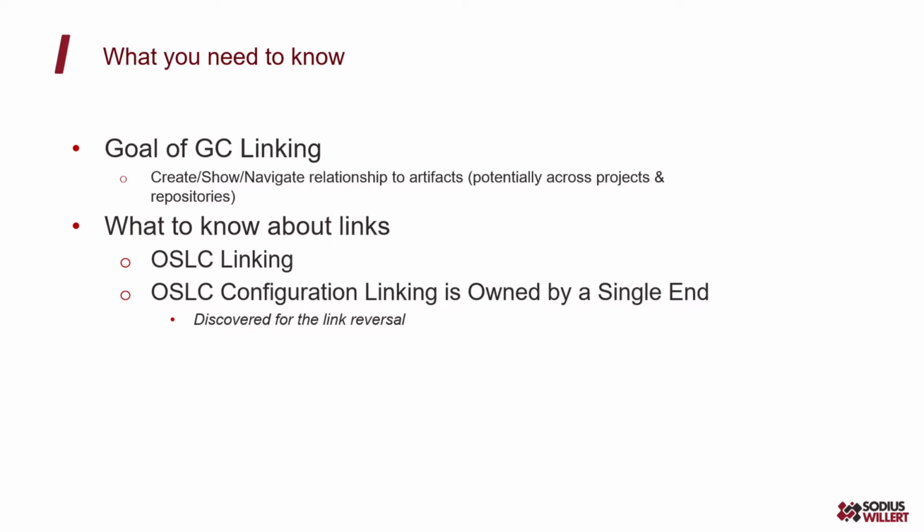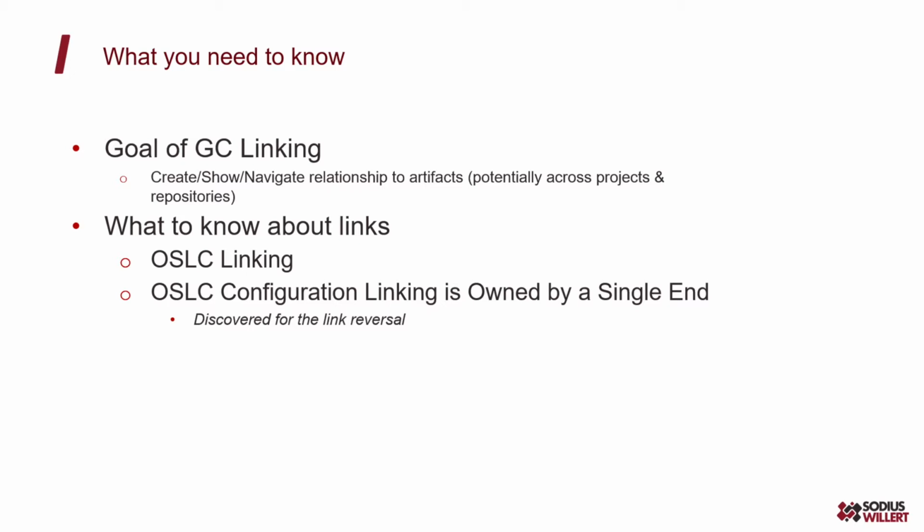We know, as we talked about in the other sessions, that OSLC has specific domains and link types that it creates and defines, which is important for the standard and for how different requirements and change tools, for example, interact with each other. But we also have another overlay: when we're working with configurations, we only store the links in a single endpoint.